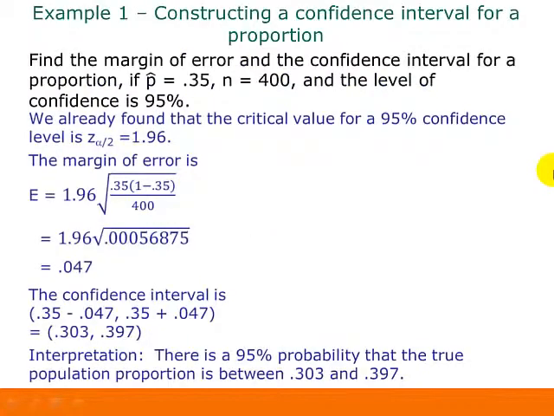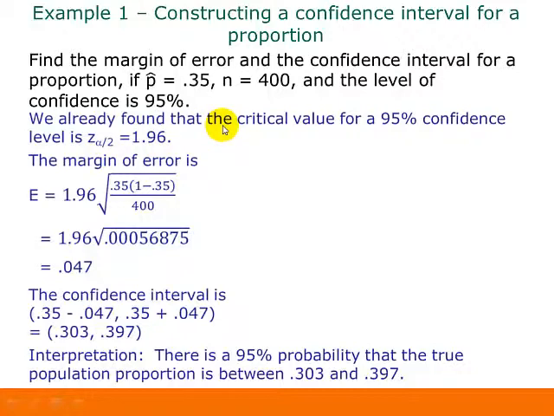Here's an example. Find the margin of error in the confidence interval for a proportion if p hat is 0.35, n equals 400, and the level of confidence is 95%. Now we already found that the critical value for a 95% confidence level is z alpha over 2 equals 1.96.